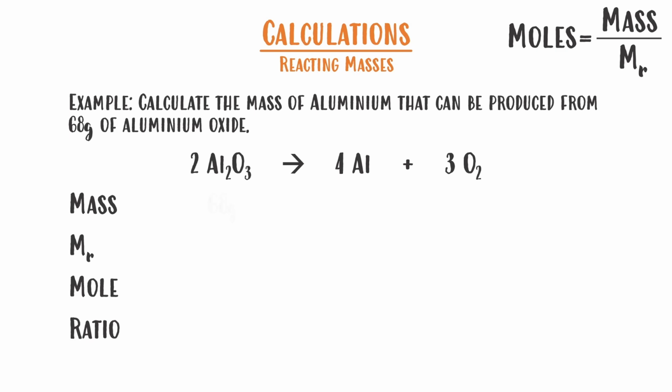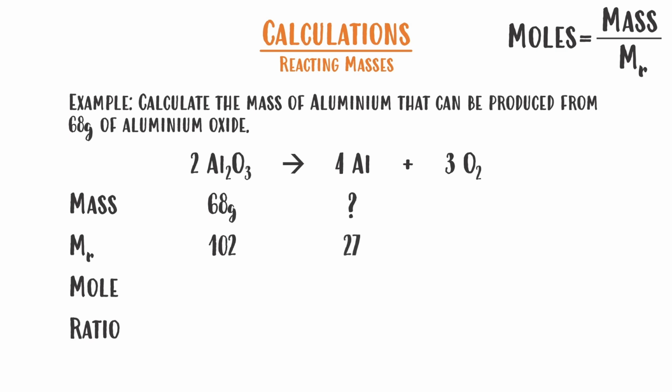I know I start off with 68 grams of aluminium oxide, and I need to work out the mass of aluminium. Now, I don't need to worry about that oxygen there because I've not been asked to do anything with it. My next step is to work out the MR. I have 102 for aluminium oxide and 27 for aluminium.